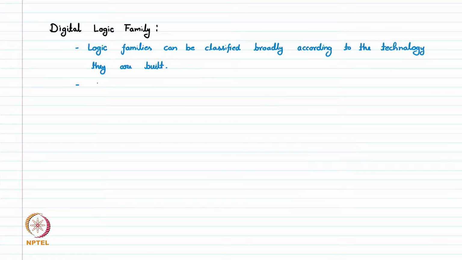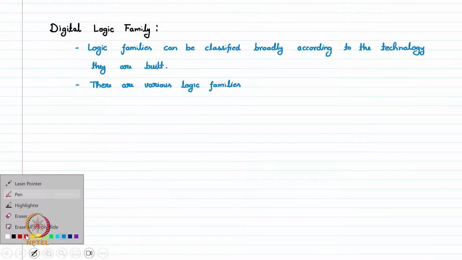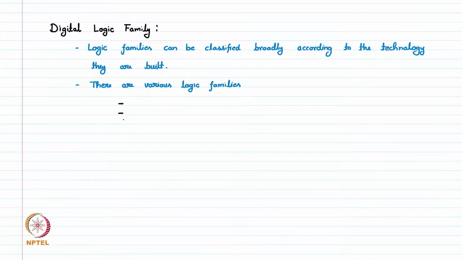So, there are multiple logic families. The first one is the diode logic, or we call DL in short.